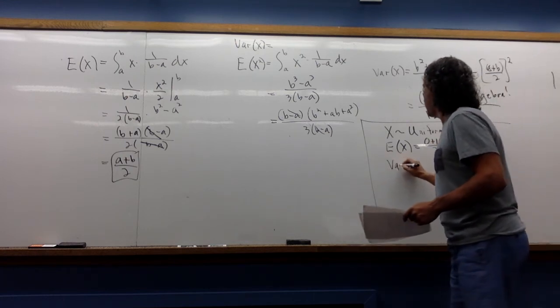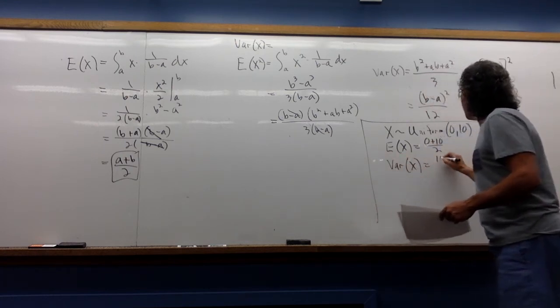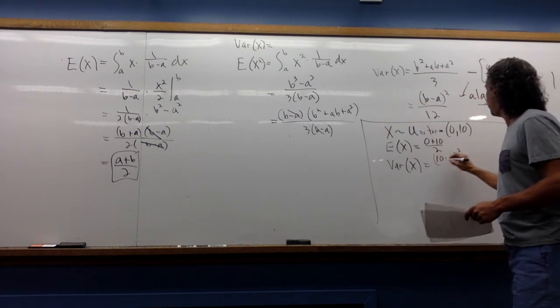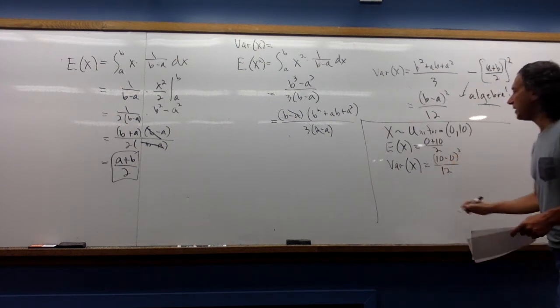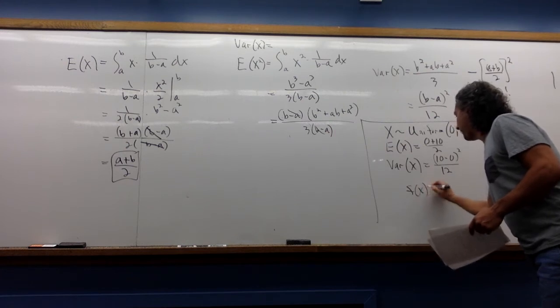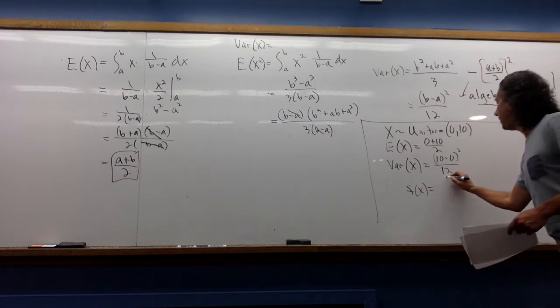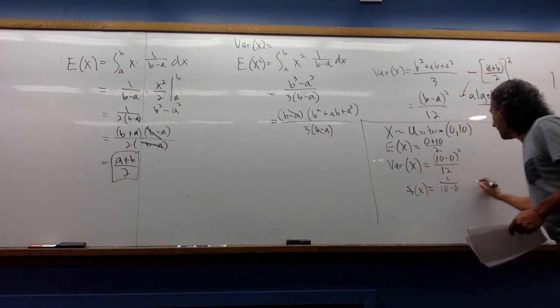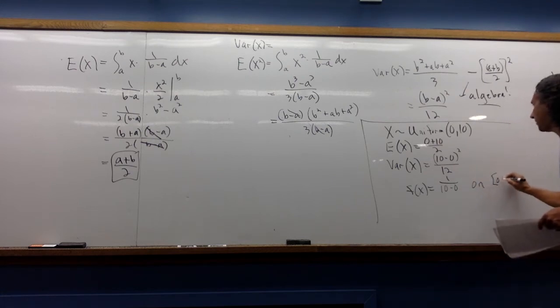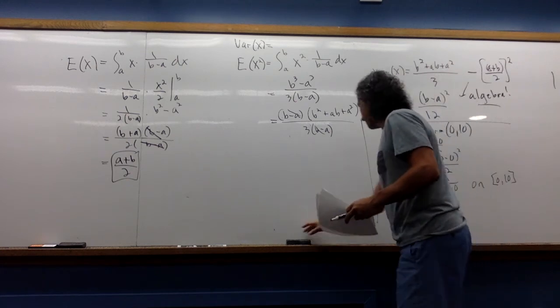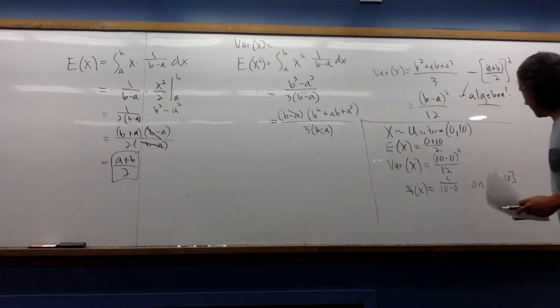The variance of x is (10 minus 0) squared over 12. The PDF is going to be 1 over (b minus a) on the interval 0 to 10. And that's it.